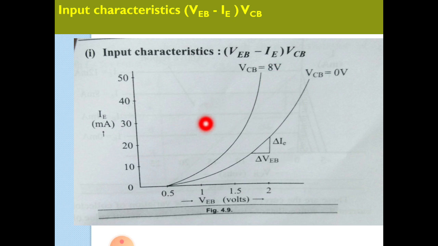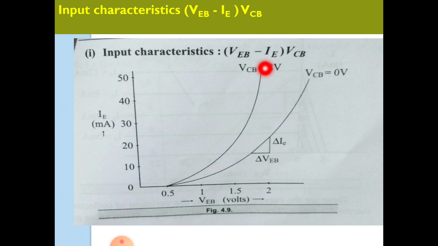But in this the graph is a curved line, which means it is non-linear in nature.